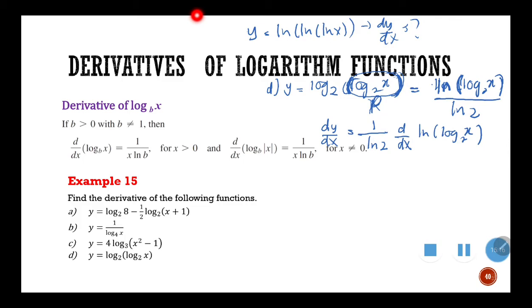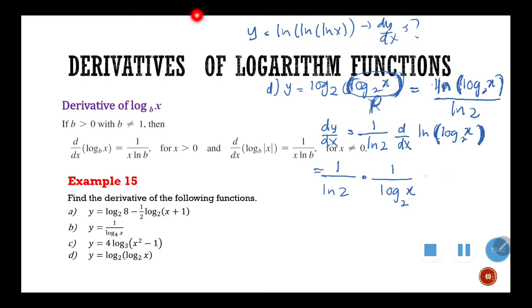Faham tak? Okay. So sekarang ni, it will be equals to 1 over ln 2. Differentiate ln, whatever inside, you bring it down. So maknanya 1 over log x base 2.